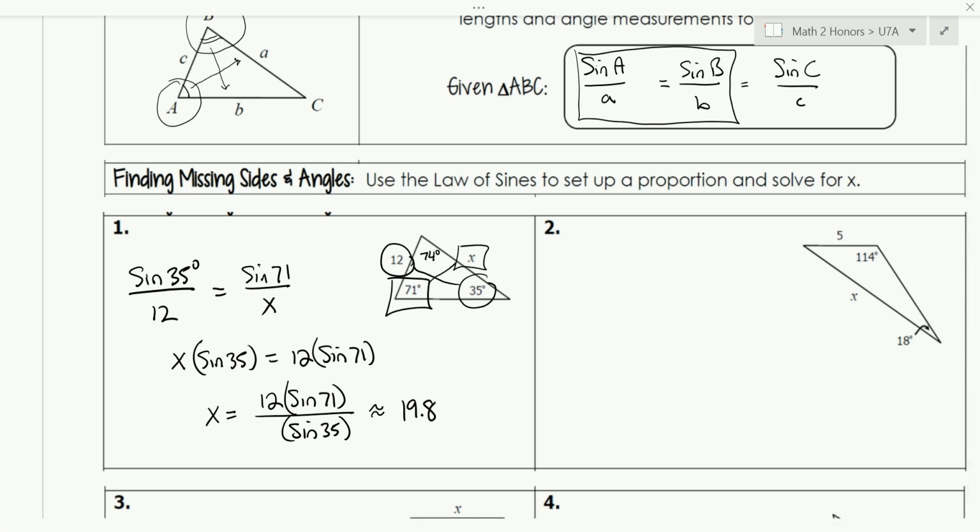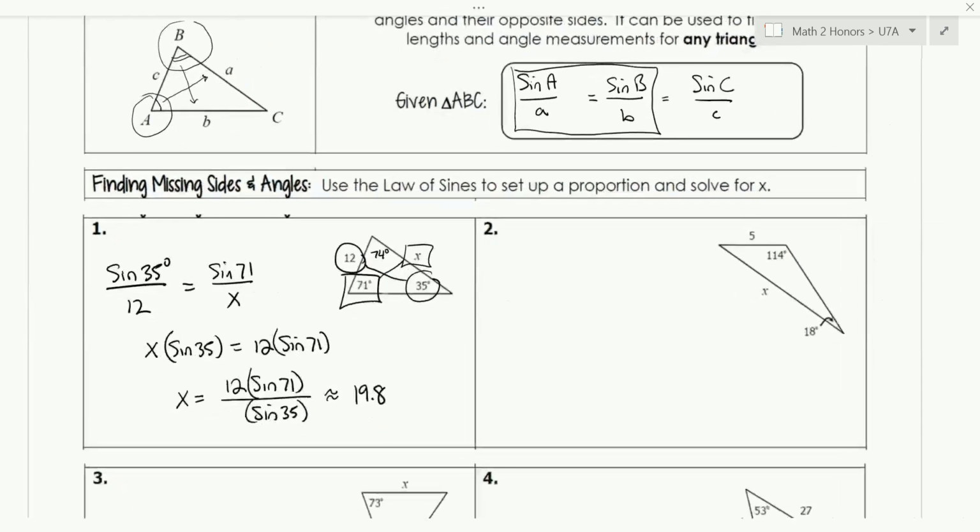I type in sine of 71, get that, then type 12, and find what the numerator is. You'll get a decimal, and then write that decimal out. And then clear it, find sine of 35, get another decimal, and then type the decimals in, and then you should get 19.8. It's a little extra work, but until you get to pro status on that calculator, you want to make sure you're getting the right answer, okay? All right, try number 2. Let's see if you can get it right.